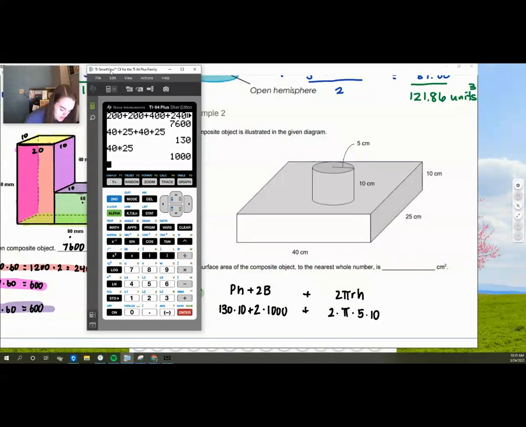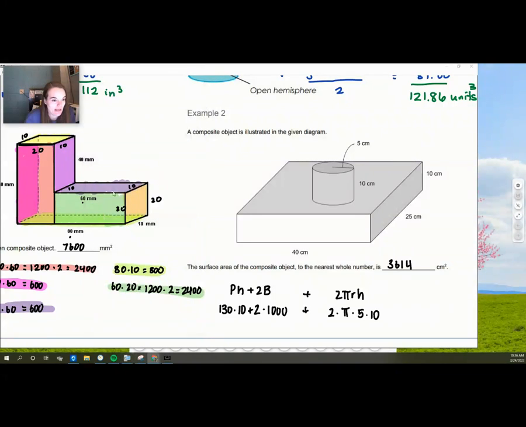And it does say rounds to nearest whole number because we've got that pi thing going on there. So 130 times 10 plus 2 times 1,000 plus 2 times pi times 5 times 10. A whole lot going on there. 3,614 centimeters squared. Okay, so that is surface area. You can either add all the pieces, or you can do the formulas and subtract off pieces you don't need.